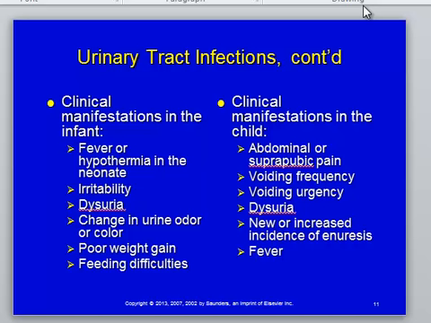In our child, the clinical manifestations may be abdominal or suprapubic pain, voiding frequency, voiding urgency, difficulty urinating, new or increased incidence of enuresis, that nighttime bedwetting, and the child may or may not have a fever.